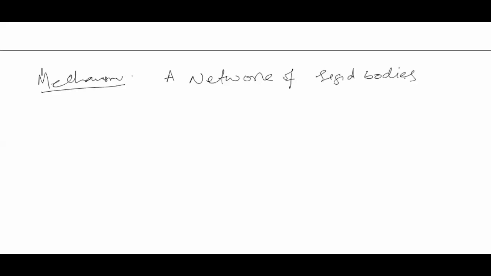But what does a mechanism mean? What is a mechanism? A mechanism is a network of rigid bodies. Network in the sense of connectivity. Network means connectivity of rigid bodies.